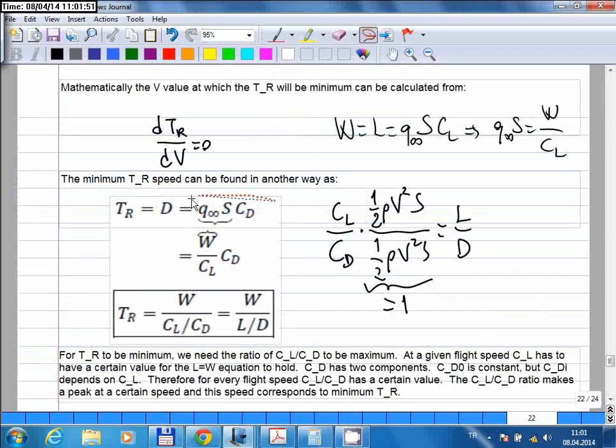This is the aerodynamic drag equation. And remember, this Q infinity is the dynamic pressure, which is equal to 1 over 2 times rho times V squared. And you write the second equation, or the first equation, the lift equation. From the first equation, instead of Q infinity times S, you write weight divided by CL. And then you put that instead of this Q infinity S.